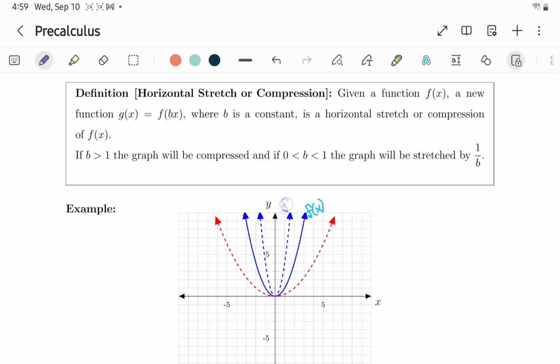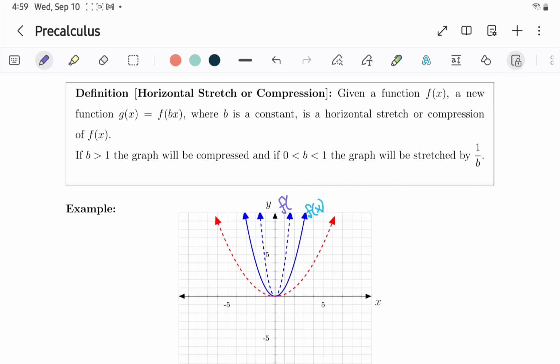And I guess I'll put b greater than 1. And yeah, we can actually see the value of b here.